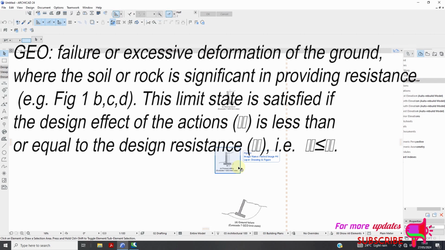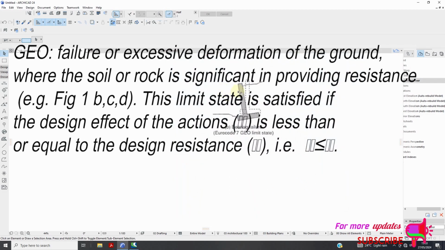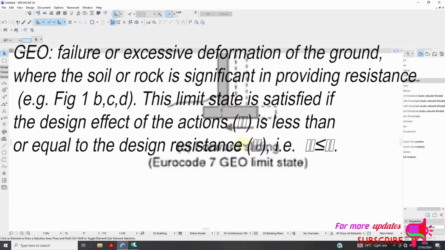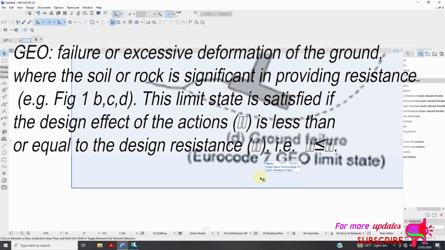It is failure or excessive deformation of the ground where the soil or the rock, as you can see in figure B, figure C, and figure D, is providing resistance. This limit state is satisfied if the design effect of the action ED is less than or equal to the design resistance RD.